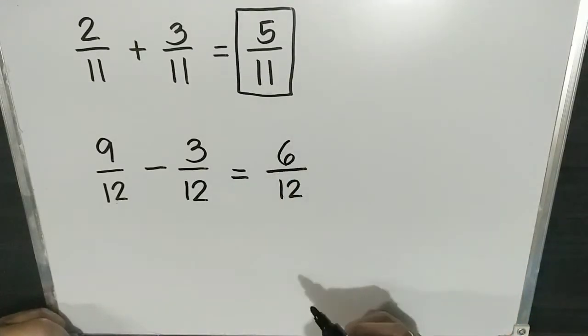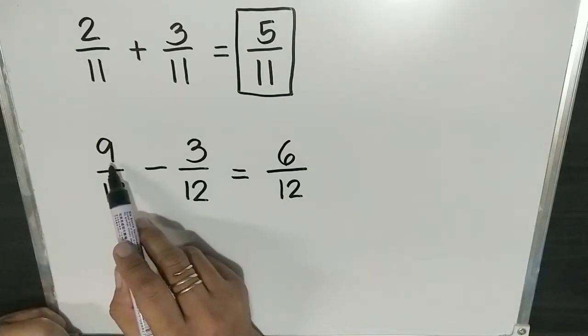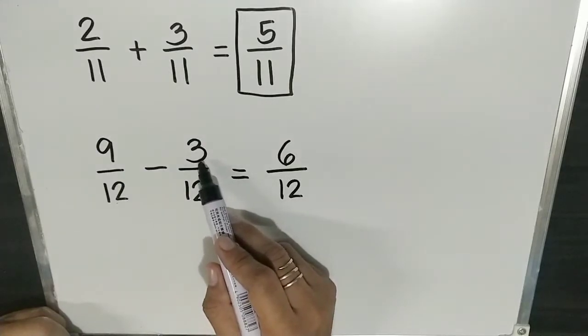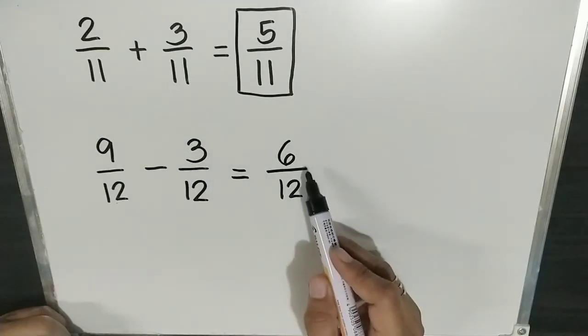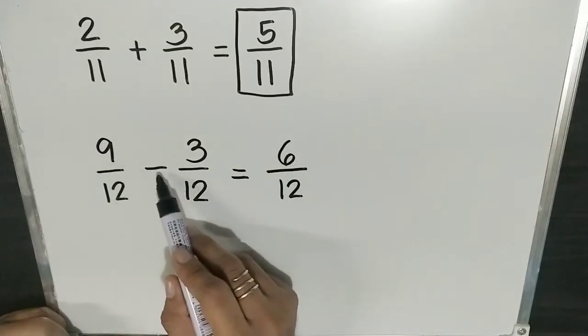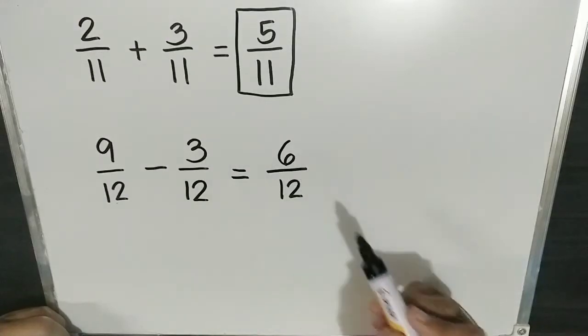Be careful of the sign because there are problems where the numerator in the first fraction is less than the numerator in the second fraction, and that will result in a negative answer. But this time we have 9 positive minus 3 positive, that is positive 6.